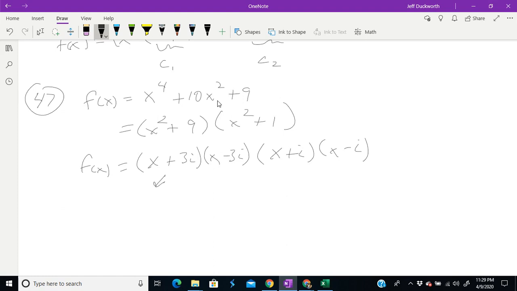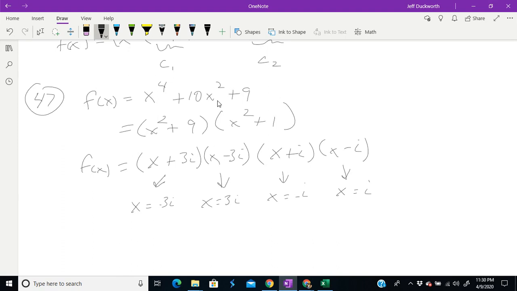This one means x equals negative 3i. This one's x equals 3i. This means x equals negative i. And the last answer will be x equals i. So those are our four complex solutions to that fourth power.